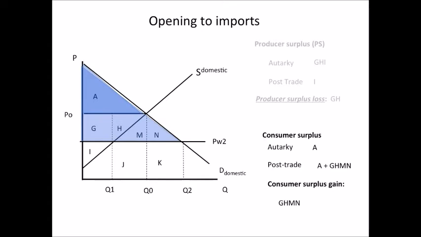So GHM is that increase in consumer surplus associated with those consumers that stay in the market. Area N is the increase in consumer surplus associated with people that can now afford to buy this product that weren't willing to buy it at the price P0.